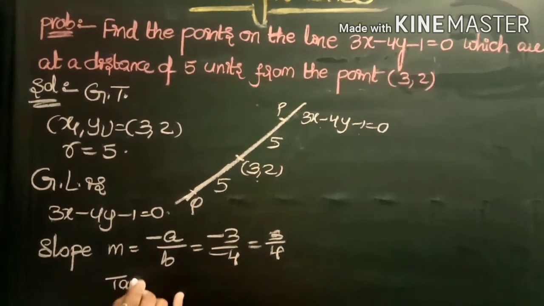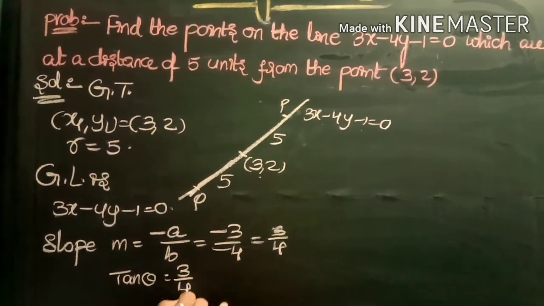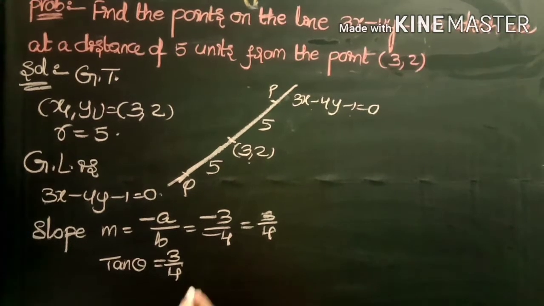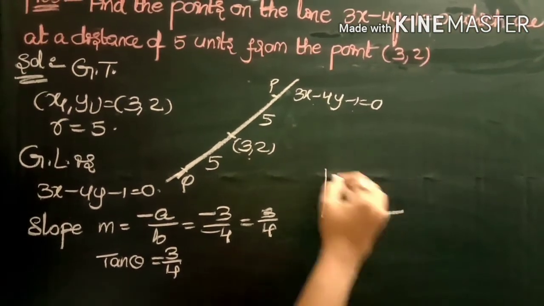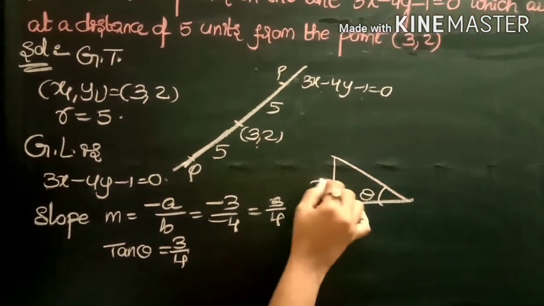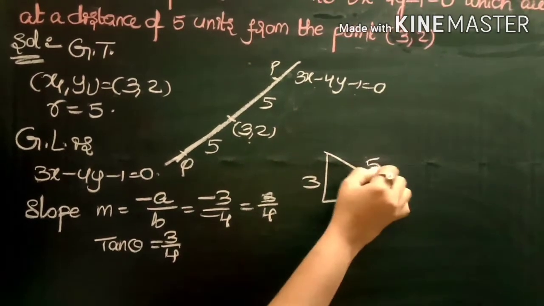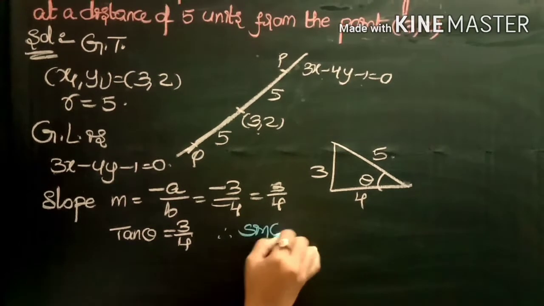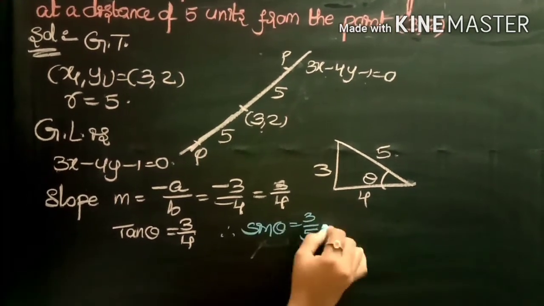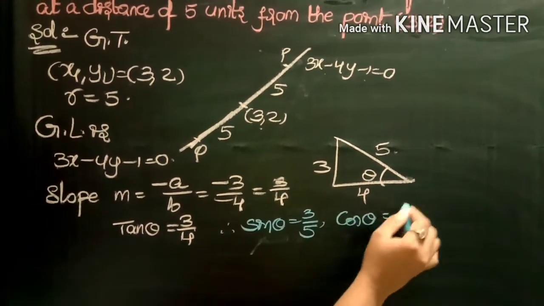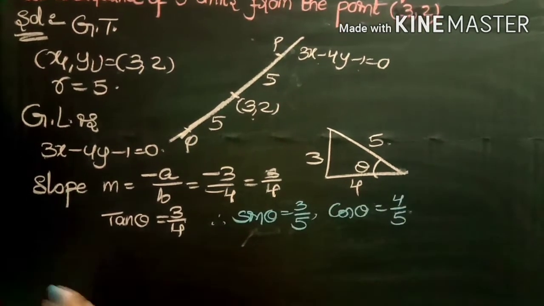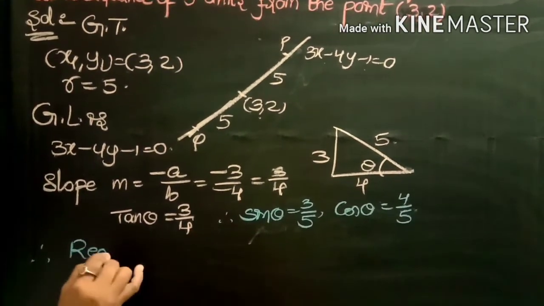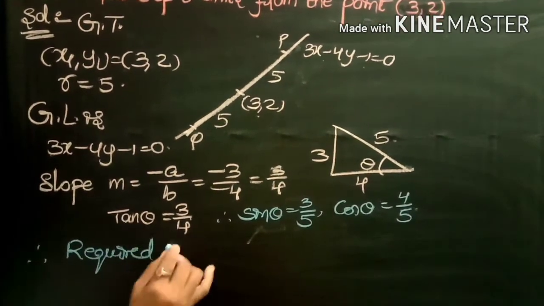But what is m? Tan theta. So clearly we have tan theta equal to 3 by 4. From this we take the values of sin theta and cos theta. Opposite 3, adjacent 4, so the hypotenuse value is 5. Therefore sin theta is equal to 3 by 5, opposite by hypotenuse, and cos theta is equal to 4 by 5, adjacent by hypotenuse.